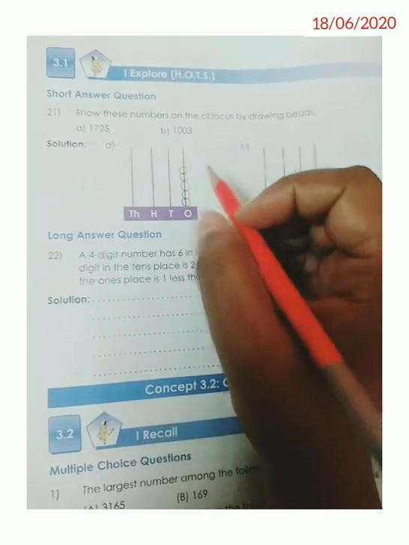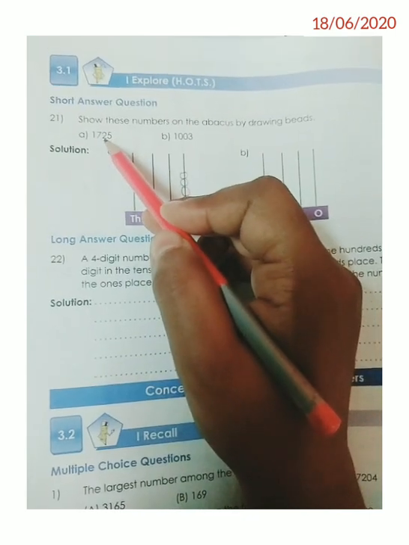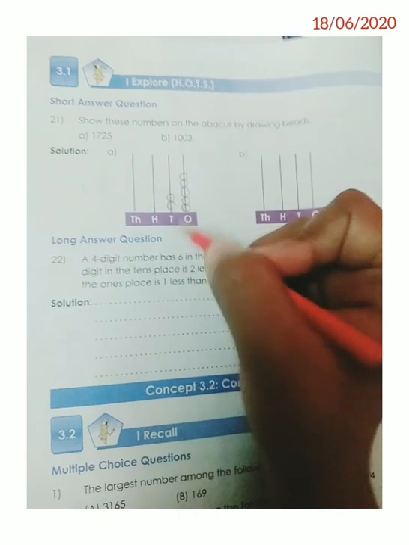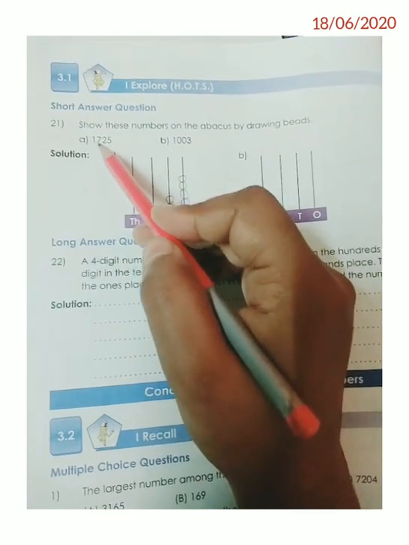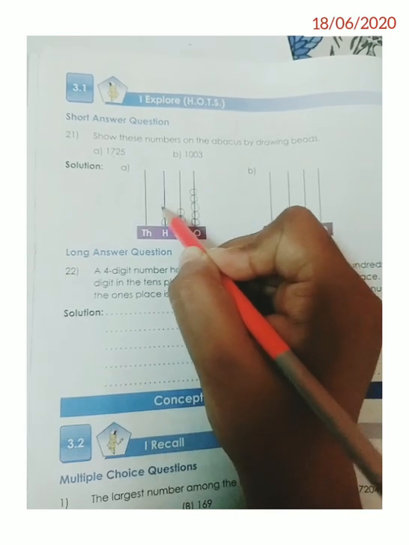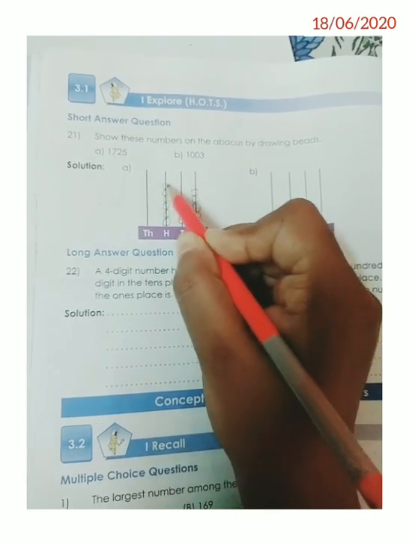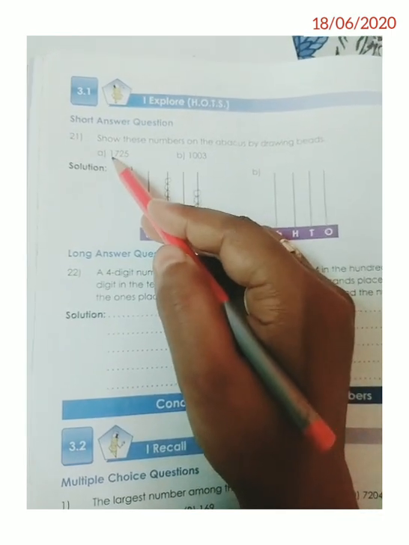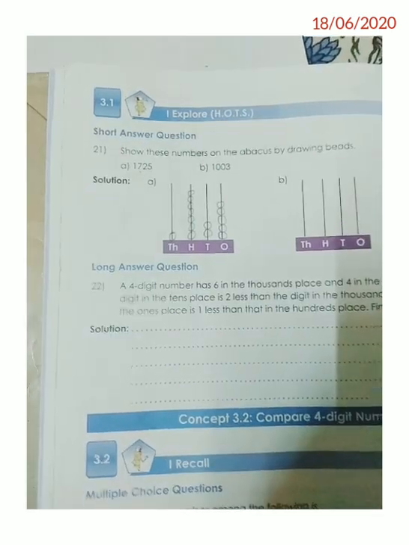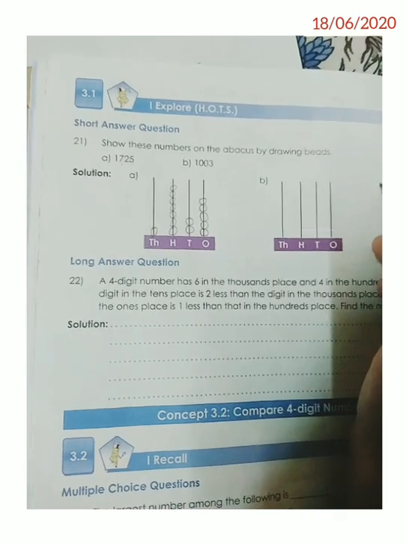Alright. In the tens place there is a number 2, isn't it? So in the tens place we will draw 2 beads. Then in the hundreds place there is 7. So we will draw 7 beads. 1, 2, 3, 4, 5, 6, 7. In the thousands place there is 1. So we will just draw 1 bead over here. So this is the required answer.